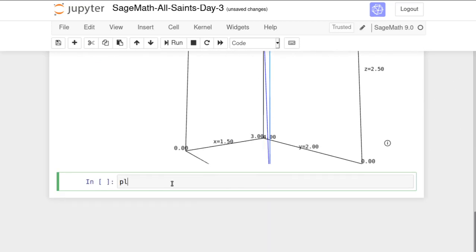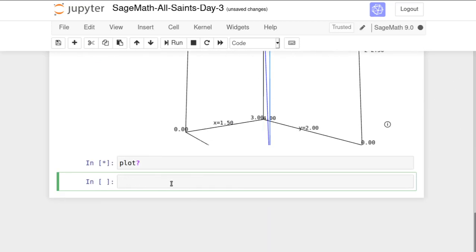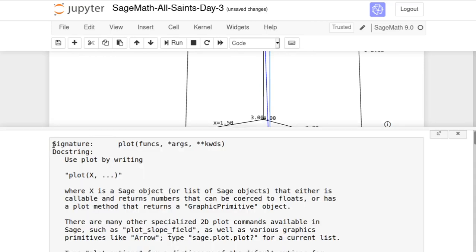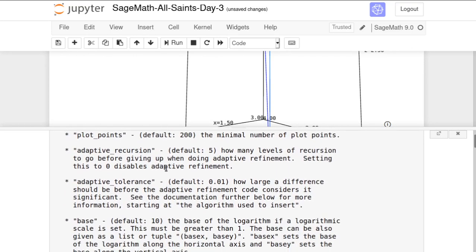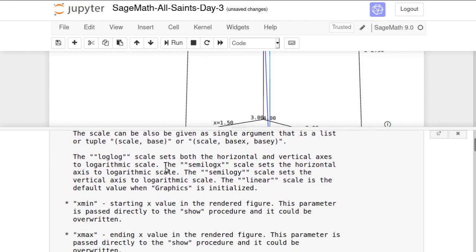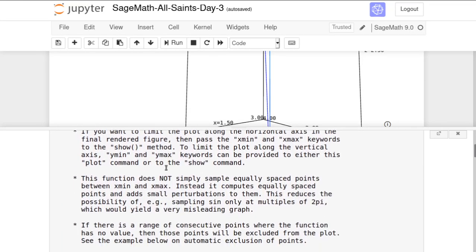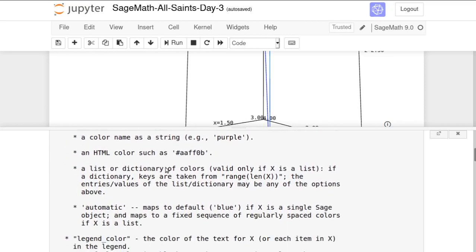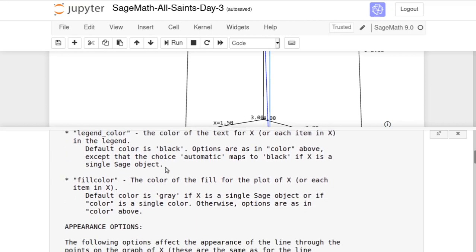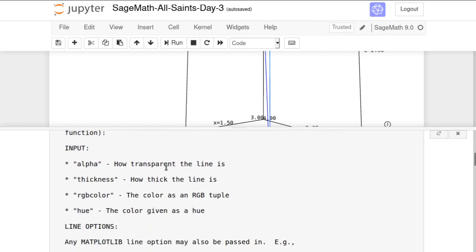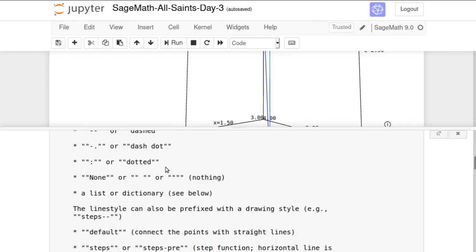Okay, let us see what are the parameters available for the plot command. Plot question mark. So if you see the options: scale, x minimum, x maximum, y maximum, legend label, color option is there, automatic, legend color, fill color, appearance options, alpha. Where are the line options?